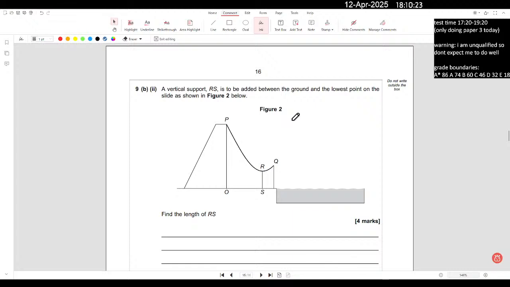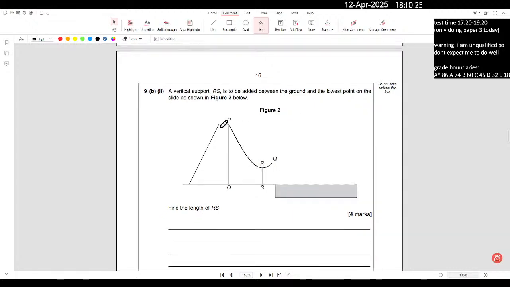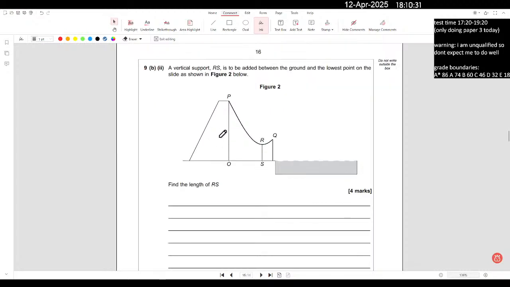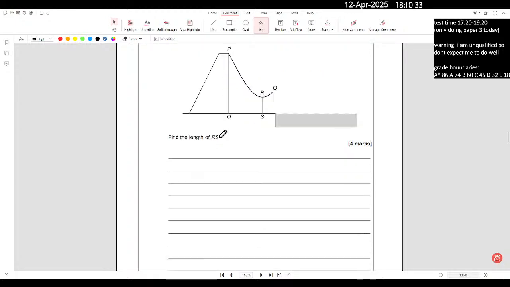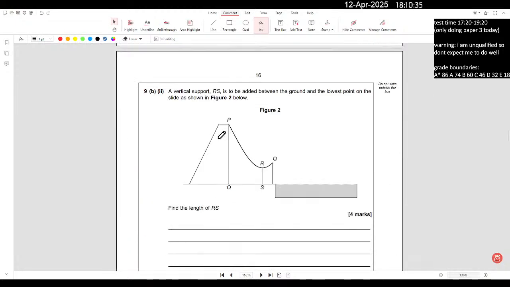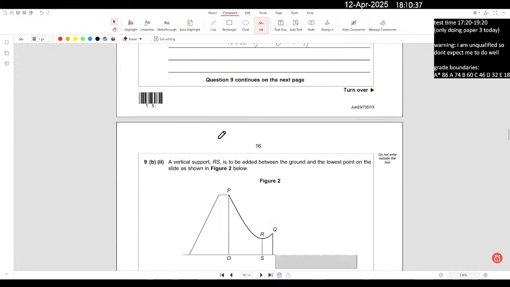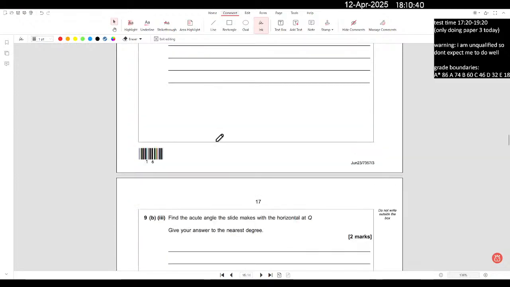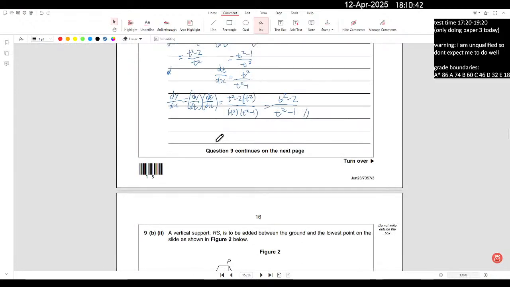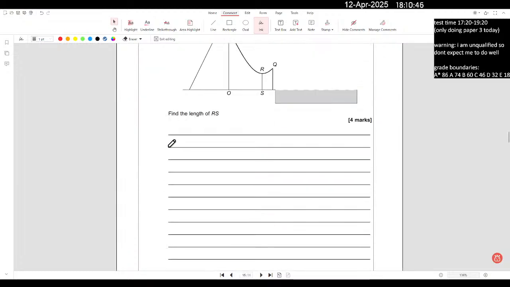Okay, a vertical support RS is to be added between the ground and the lowest point on the slide as shown in figure 2 below. Find the length of RS. So we've got to use the minimum, I think.